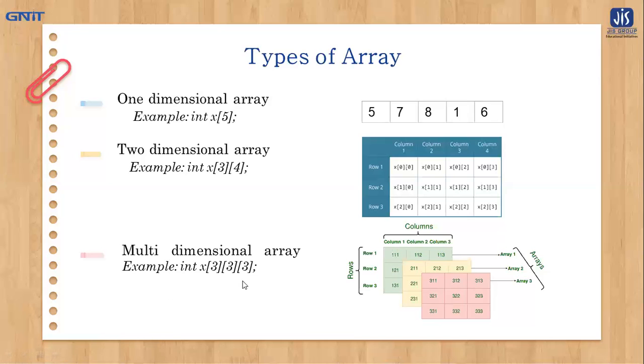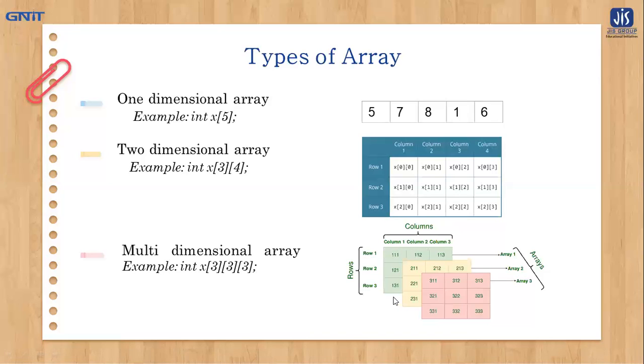These are the row numbers, 3 rows are there, and this is the column number, so 3 columns are there.